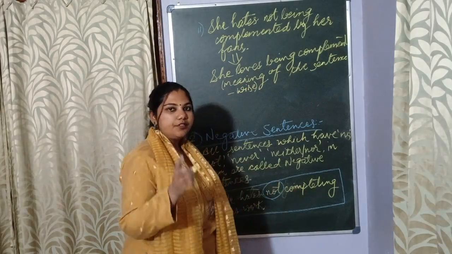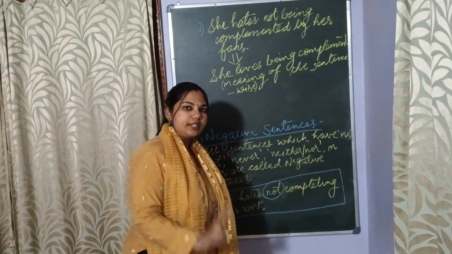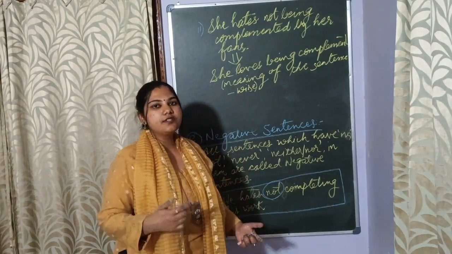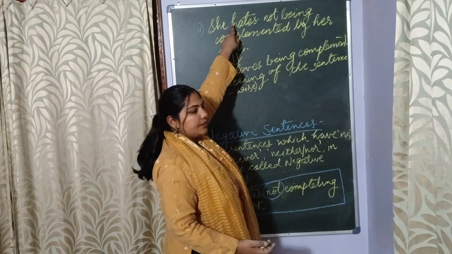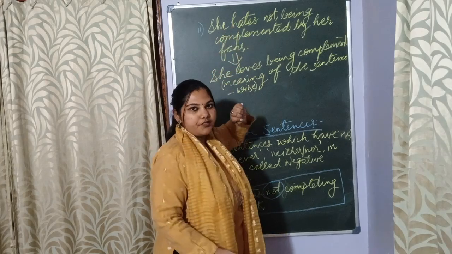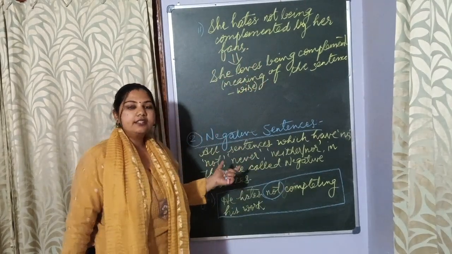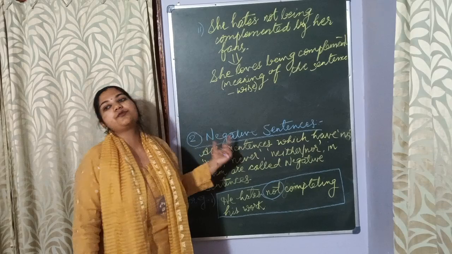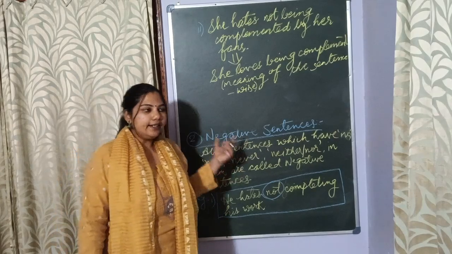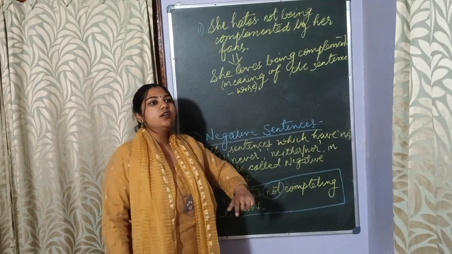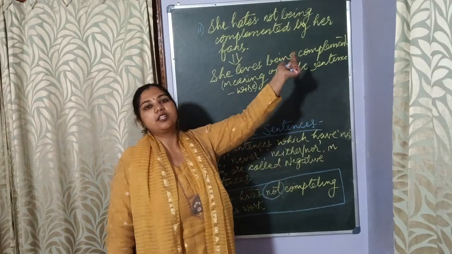Now, you see we have written 2 sentences which have the same meaning, but we have turned around the arrangement of words in such a way that this is a negative sentence and this one is a positive sentence, and both of them mean the same thing. Questions like these you will face when we study transformation of sentences. Right now we are not going to learn transformation because I've kept that topic for the advanced level classes.